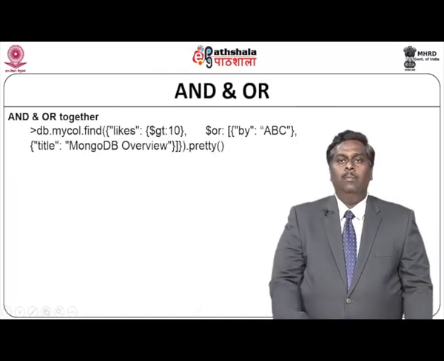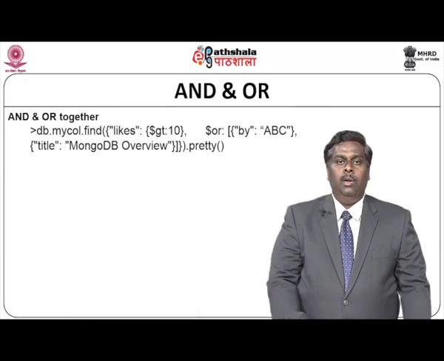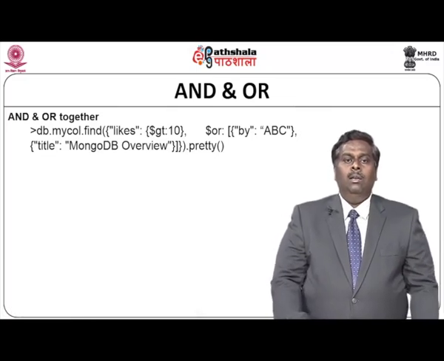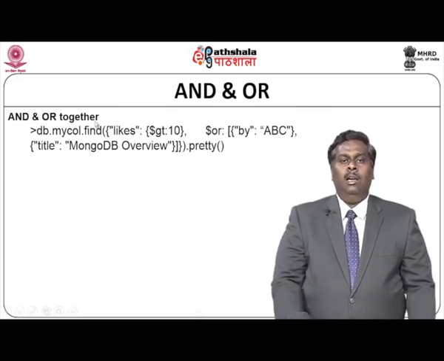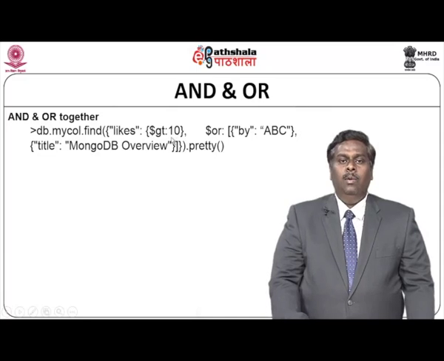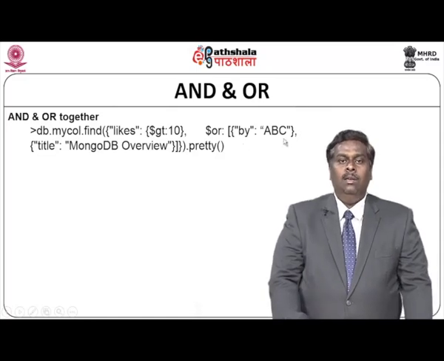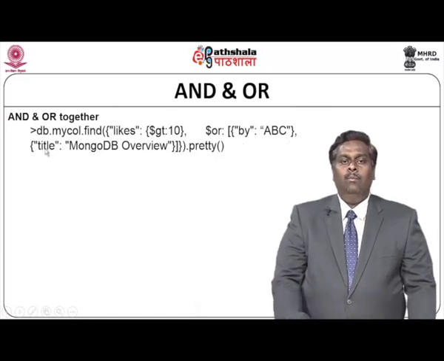If you are supposed to make use of AND and OR together, then you need to make use of a command like this. So, db.myCol.find likes, the value is greater than 10, or the key value pair is by ABC, comma, the title must be MongoDB overview.